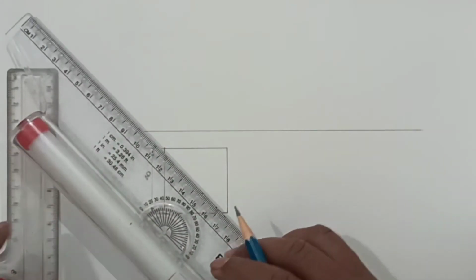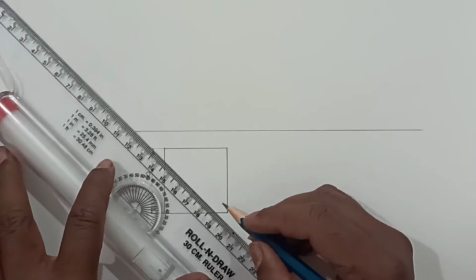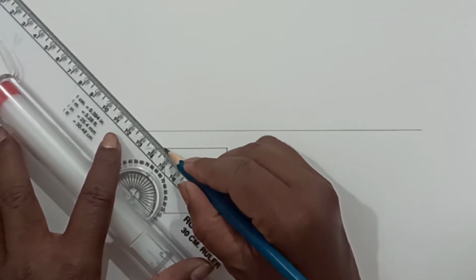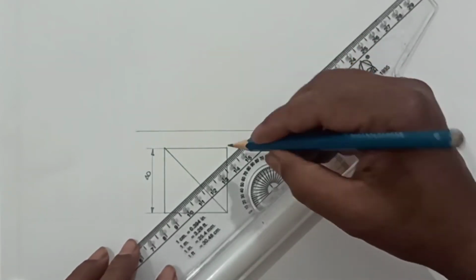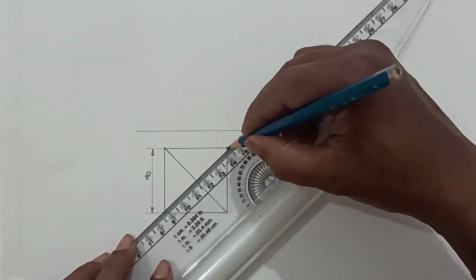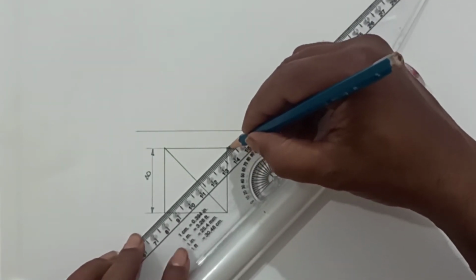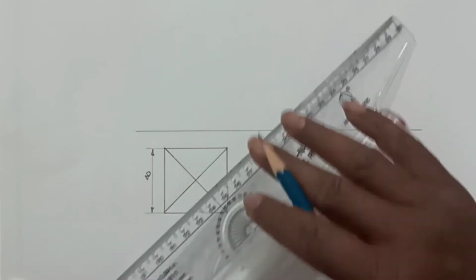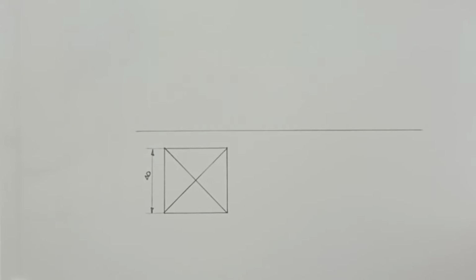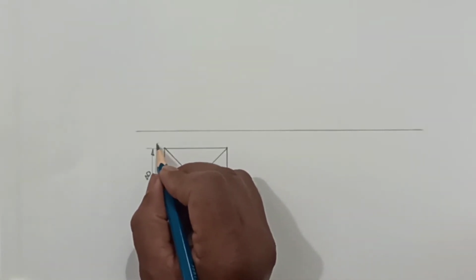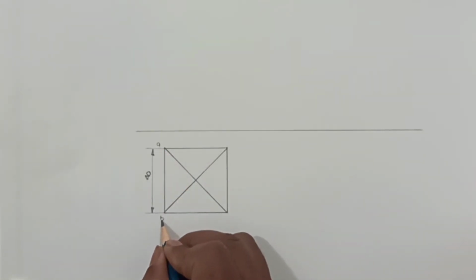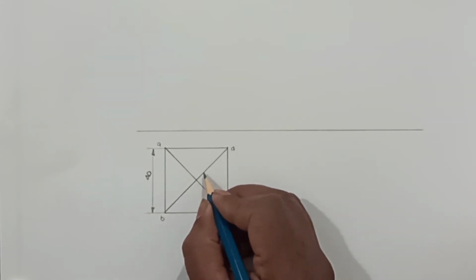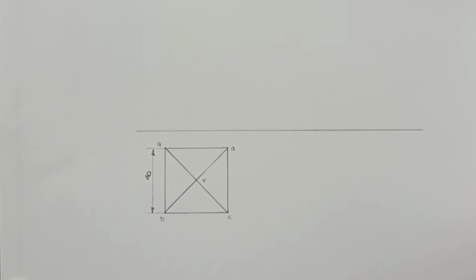Now in top view, all slant edges will be visible, so represent them by regular dark line. To maintain the darkness of a line, rotate this pencil a little bit so that uniform thickness is maintained. Label it as A, B, C and D. This will be the vertex P.